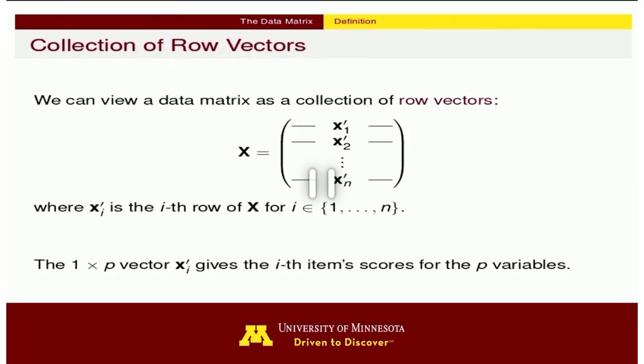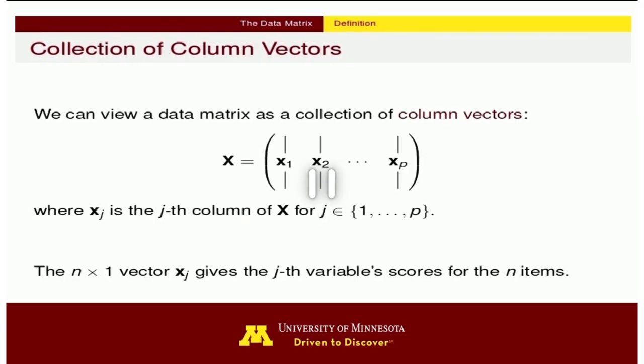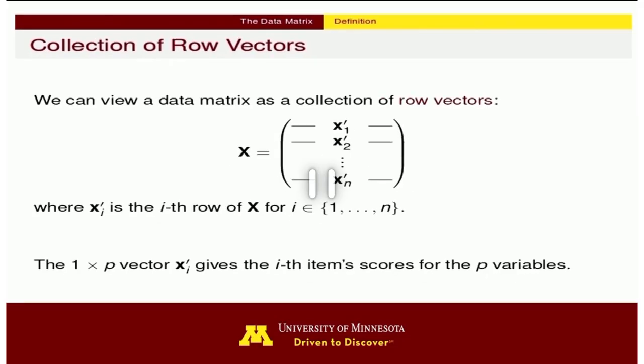Now, if I have either the column vectors or the row vectors, there are some descriptive statistics that we may want to talk about. Maybe we want to look into the average, but we have to understand which average we are looking for.